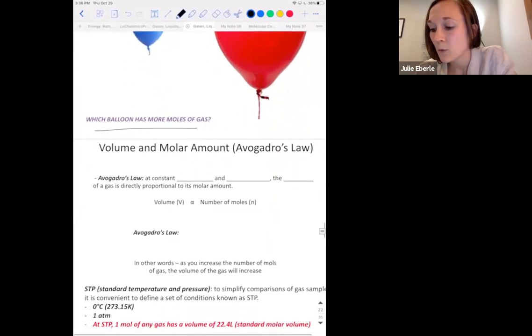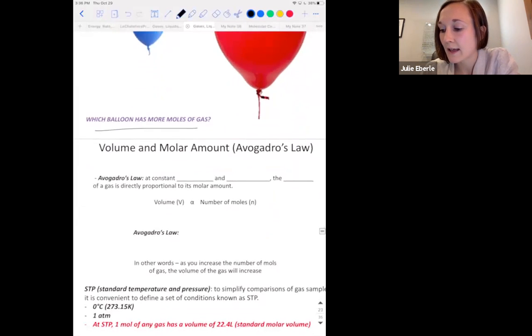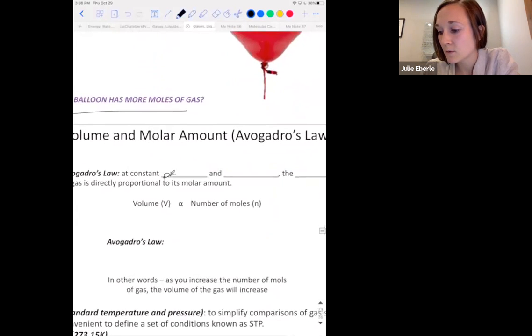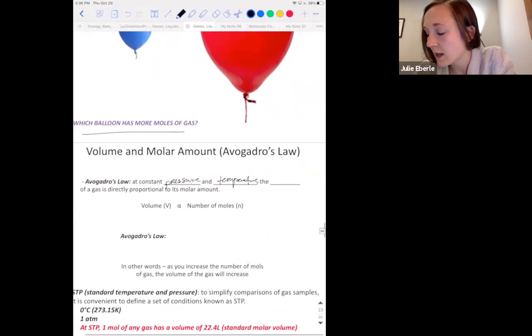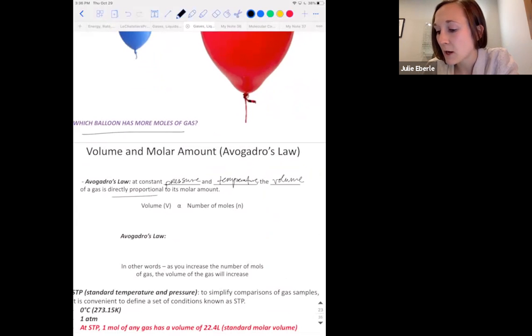So what is Avogadro's law? It says at constant pressure and temperature, the volume of a gas is directly proportional to its molar amount. The bigger the volume, the more gas must be present.